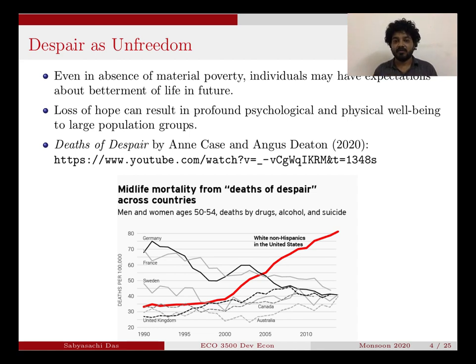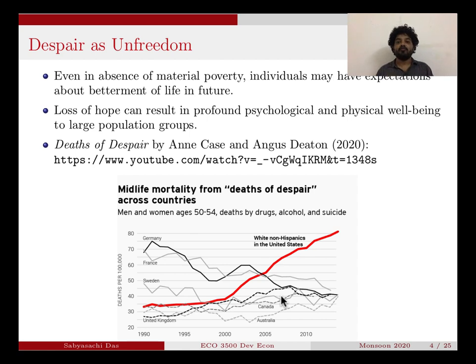So here is an image. You can see that it remains flat till 2000, and then it starts rising dramatically post 2000, while a lot of these other countries are either flat or are going down.